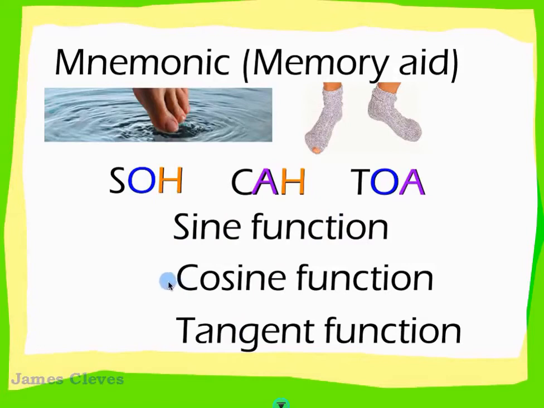The cosine of an angle is equal to the adjacent side divided by the hypotenuse, and the tangent of an angle is equal to the length of the opposite divided by the length of the adjacent. When we talk about lengths, they're the lengths of the sides of the triangle, and the sine, cos and tan functions are always functions of an angle.